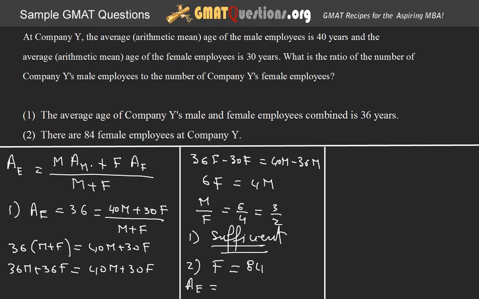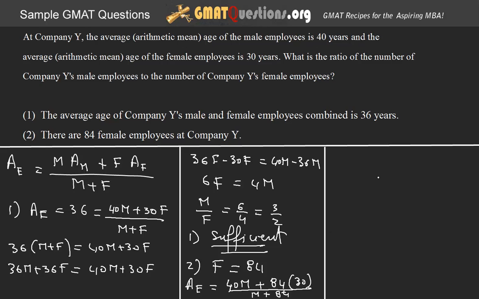We don't have m, but we do have the 40, the 40 years, so we have 40m plus, now we do have the number of female employees, which is 84 times 30, and all of this divided by m plus 84.